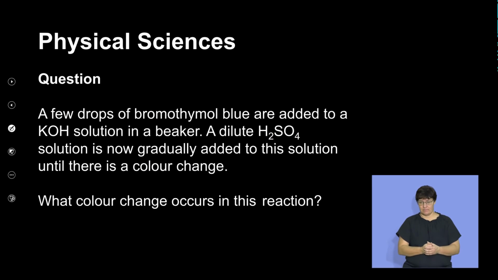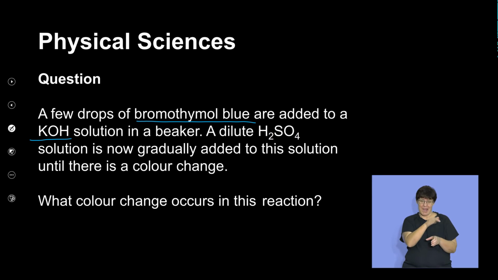Okay, and then it says here, what color change occurs in this reaction? Now, if we talk about a change, we must first recognize that the few drops of bromothymol blue are added to the potassium hydroxide solution in the beaker. So initially, we need to ask ourselves, what's the color of bromothymol blue in the presence of a strong base?